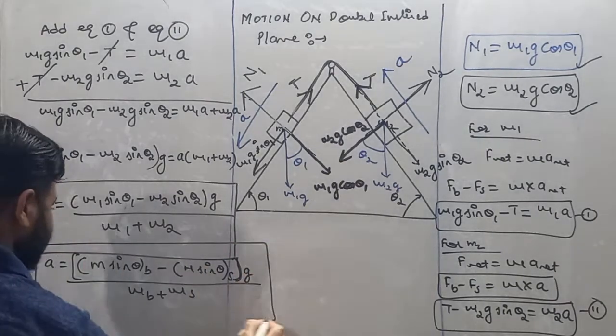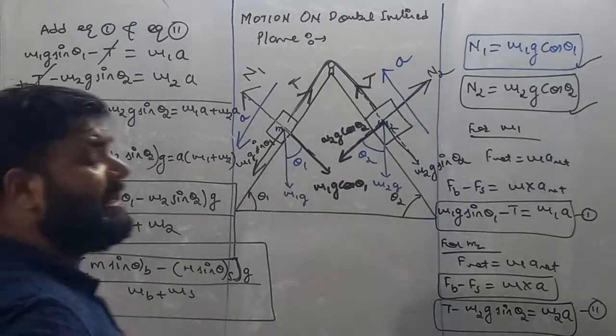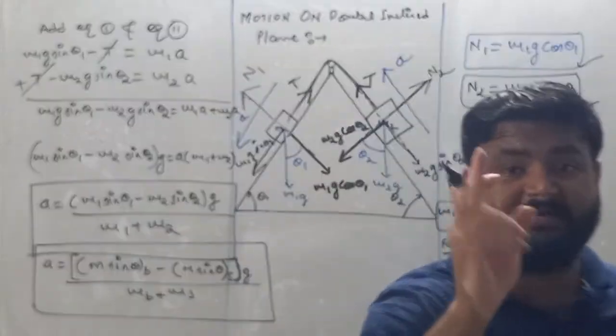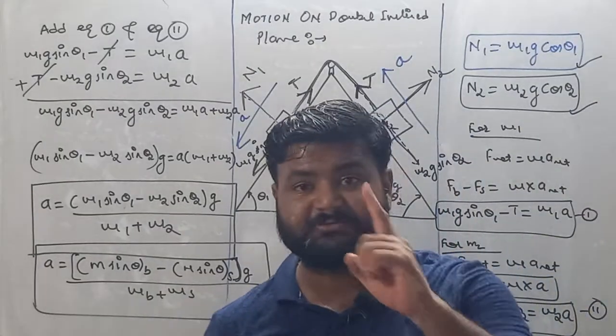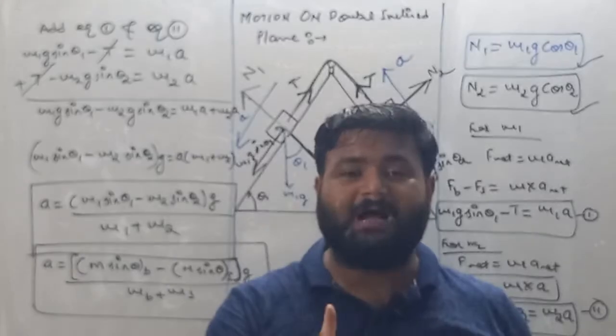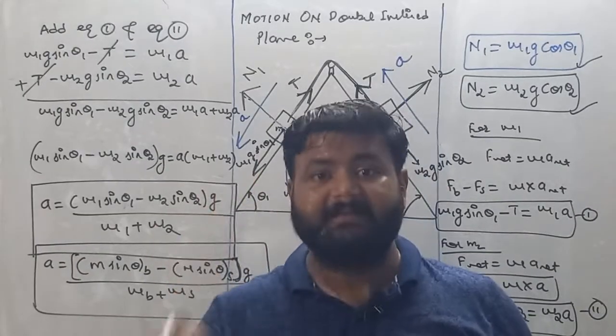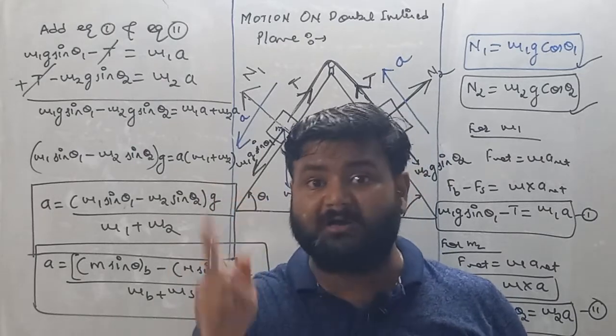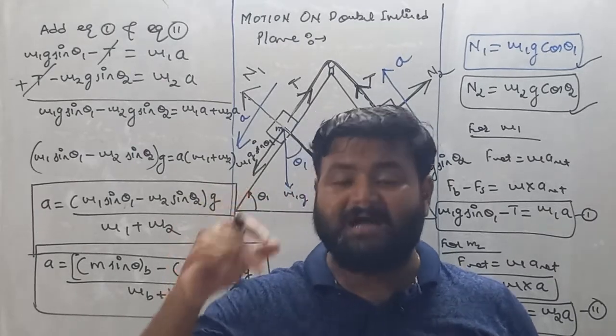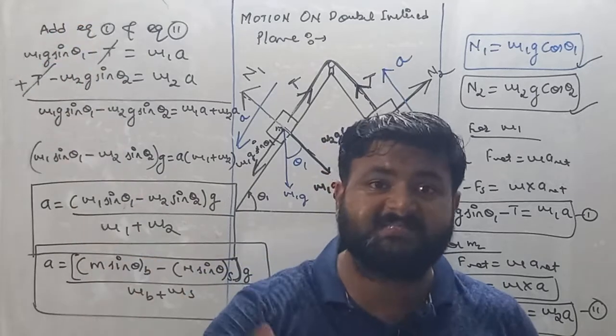Remember one thing, my dear student. If you are dealing with a double inclined plane, then it is not mandatory that the higher value mass always comes down.